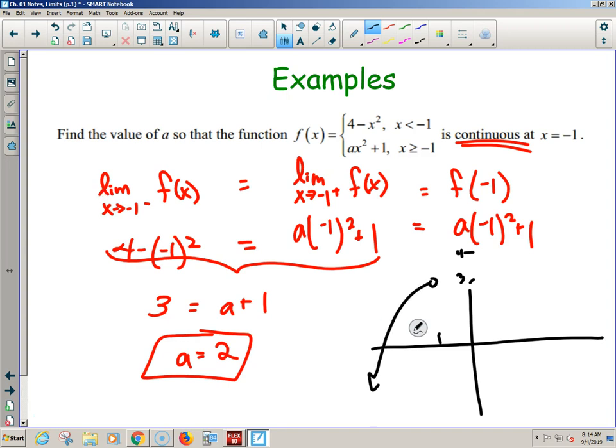There you go. And then the other guy was x squared plus 1, which now that we have the 2 plugged in, we could actually get some values if we really wanted to, like this guy is going to be here-ish, I believe. But we had to get the right parabola that would connect perfectly at -1.